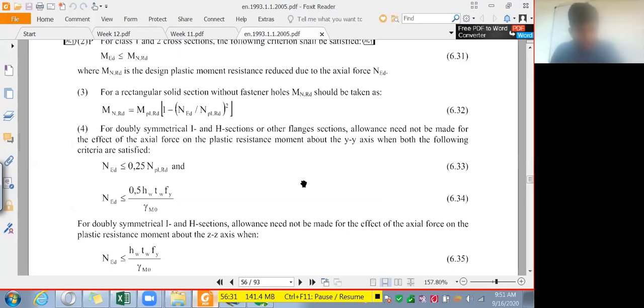If your NEd is less than or equal to 0.25 Npl,Rd, that is, if your axial force is less than 25% of the plastic resistance, and your axial force, that is the design effect, is less than or equal to half the web capacity, then you don't need to consider the effect of axial force on the moment resistance.